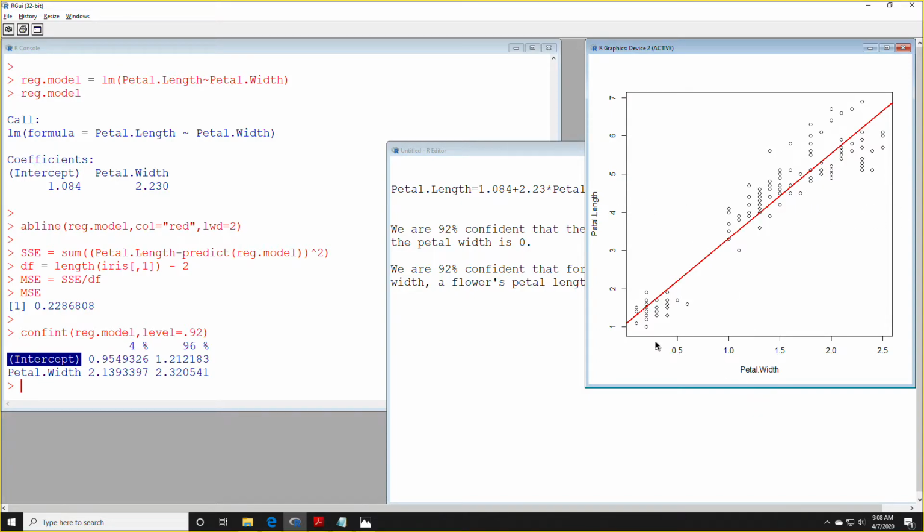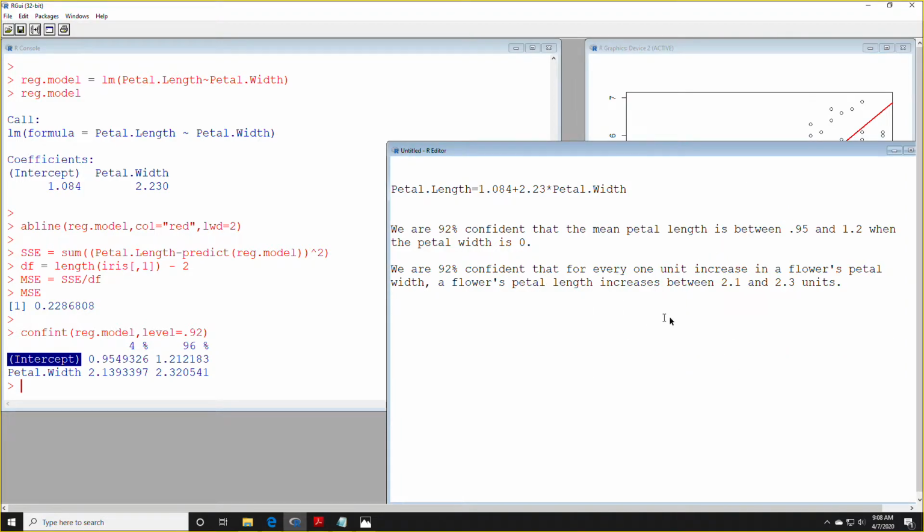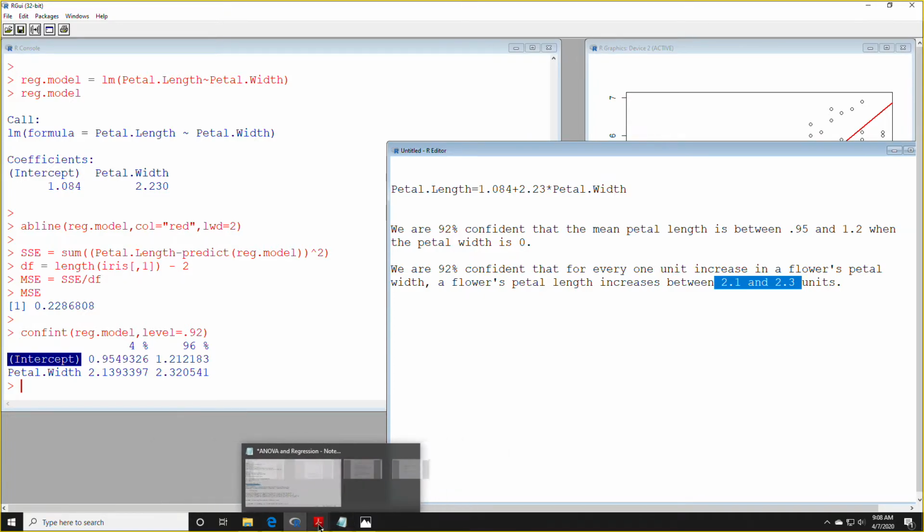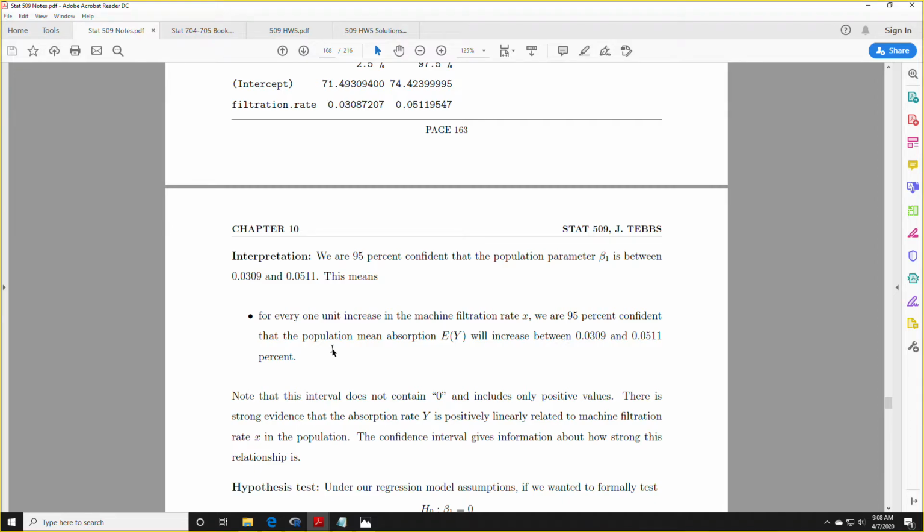Thinking about what that means, say the horizontal line was here, that just means the petal length is always 4 regardless of petal width, which in other words means petal width is not useful in predicting petal length, or is not related to petal length, okay, if we have a slope of 0. But we have evidence of a positive relationship, a positive slope.